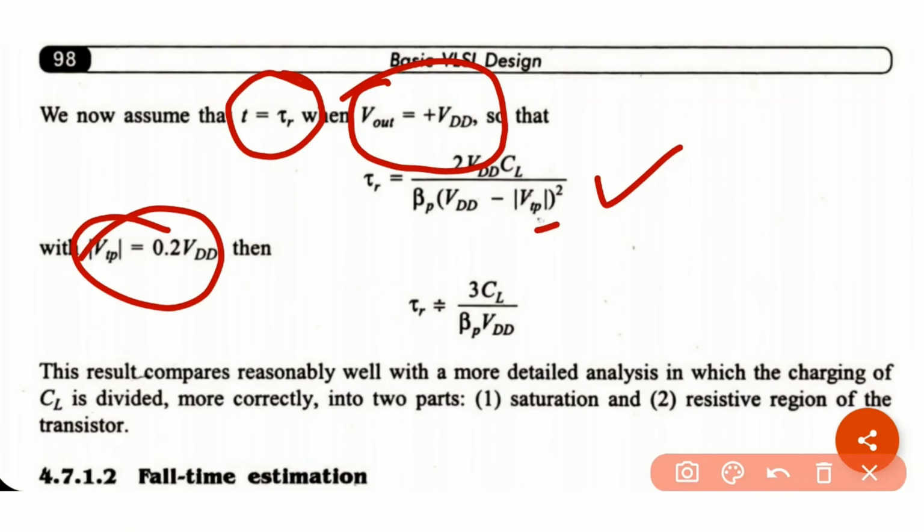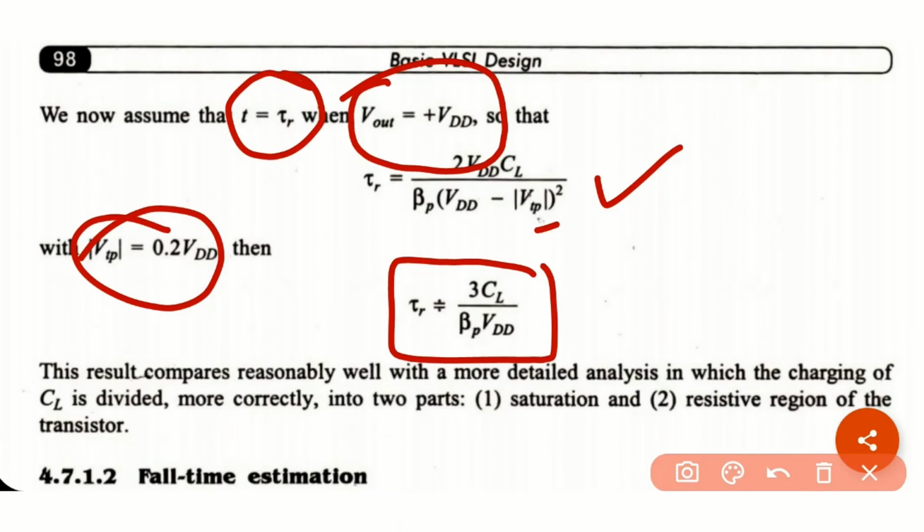These are the assumptions you put in the formula, and then you minimize the equation. Finally, tau R is for rise time. We are doing the rise time estimation. So the final formula for tau R will be approximately equal to 3CL divided by beta P and VDD.